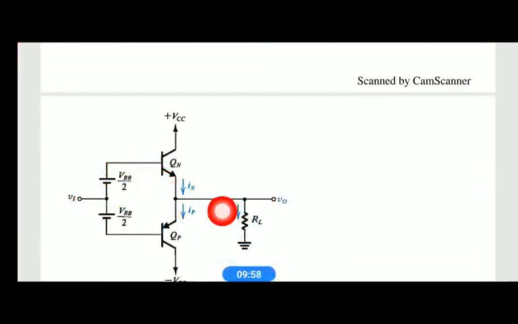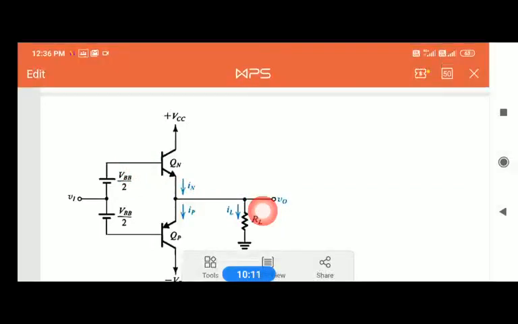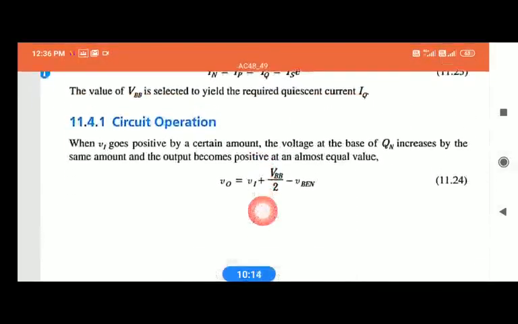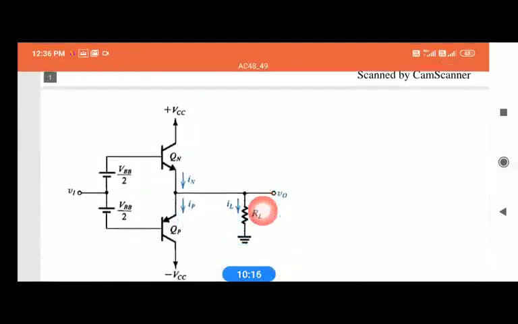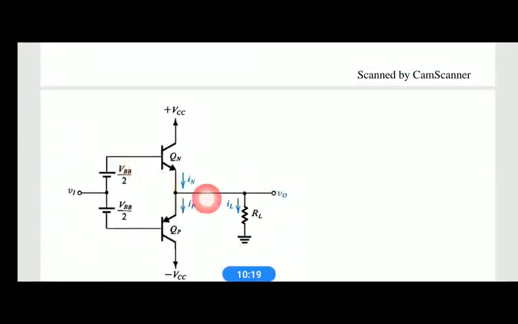In other words, if you take the KVL from this loop, then we can write Vi plus VBB by 2 minus VBE n minus V naught, or we can say V naught is equal to the summation of this voltage and the voltage VBE in the reverse direction, that is in minus. You see, from this loop, you apply the KVL.